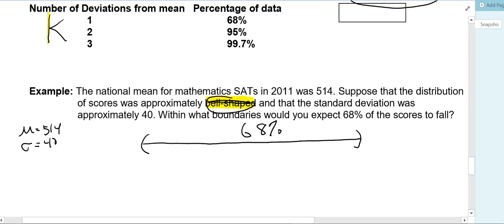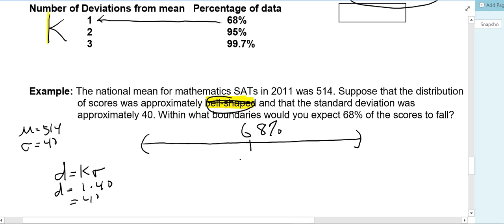It's bell-shaped, so according to the empirical rule, we need to be within 1 standard deviation of the mean. Again, the distance is related to k times sigma. The distance is going to be 1 times 40, so our distance is 40. If our mean is 514 and we add 40 to that, we get 554.